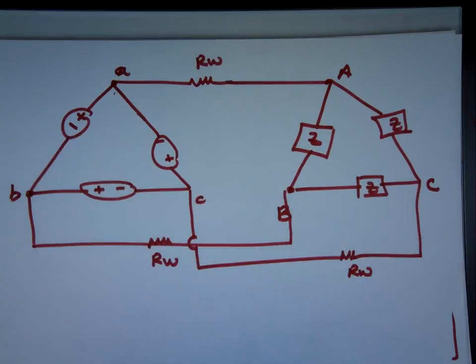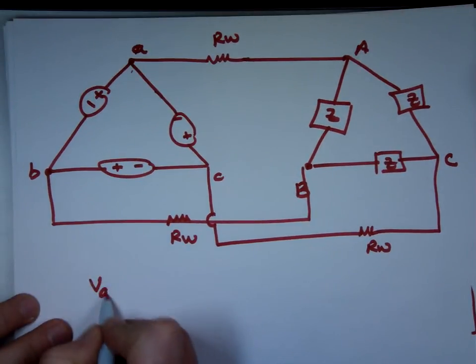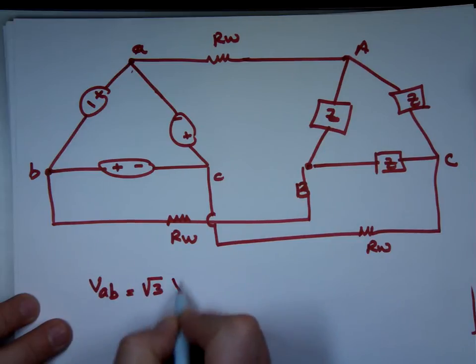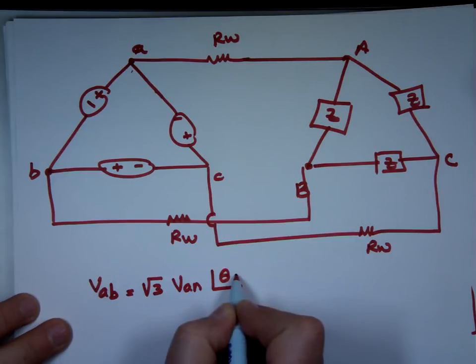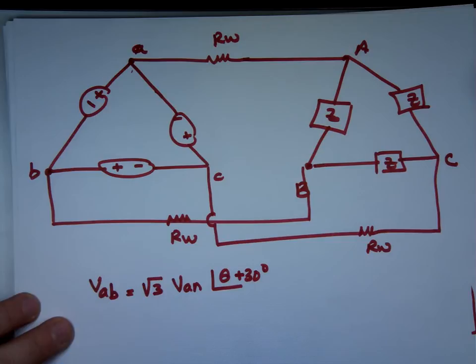I know what VAB is. That's easy. VAB is the square root of 3 times VAN. We take theta and add to it 30 degrees, right? No big deal. I know what VN is, that was 400. The problem with that, the problem just got ugly.